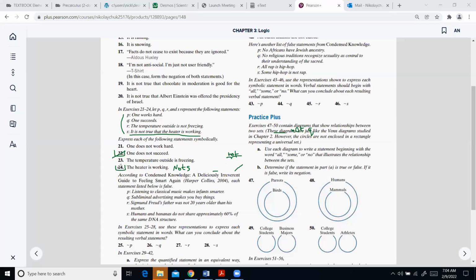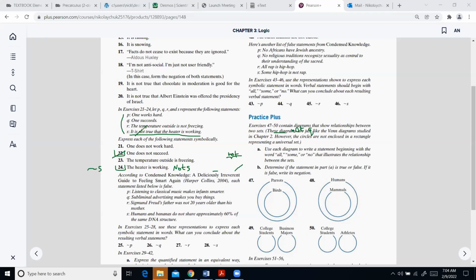Or some people put that little wiggle in front of S. So you could also say this is like this thing, right? Because once again, the statement that we have in 24 says heater is working. So it is indeed working, but if I want to write this using that S statement, then it'll be the opposite to S, because S says it is not true that heater is working.